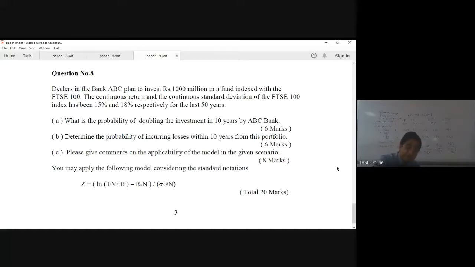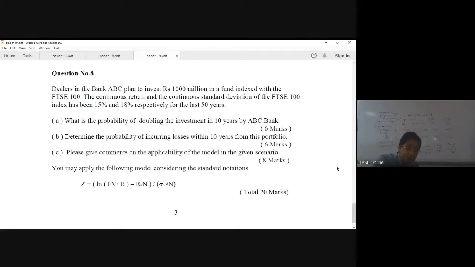They have taken 10 years as the period for which the trend will prevail. So that is one assumption, right? The second assumption is that the particular fund is indexed with the FTSE 100, and it goes parallel with FTSE 100. So that is the other assumption.